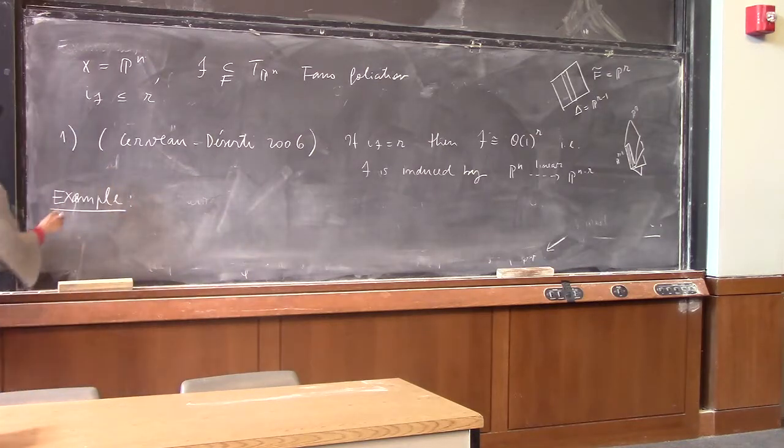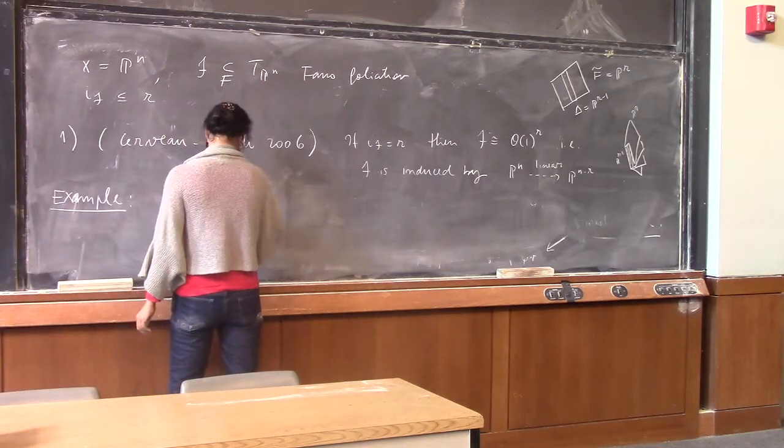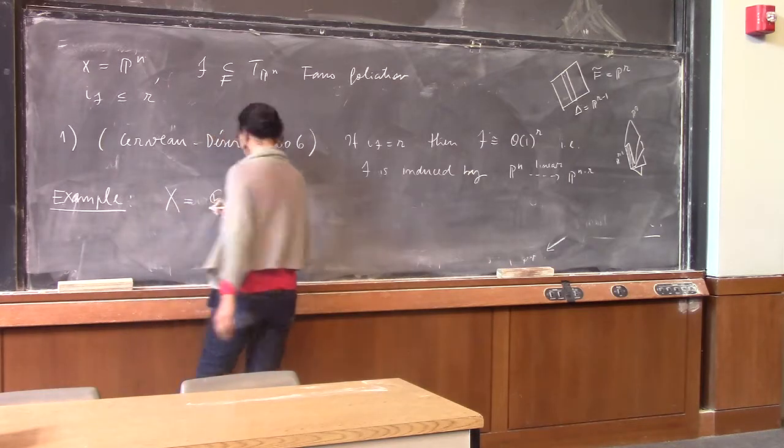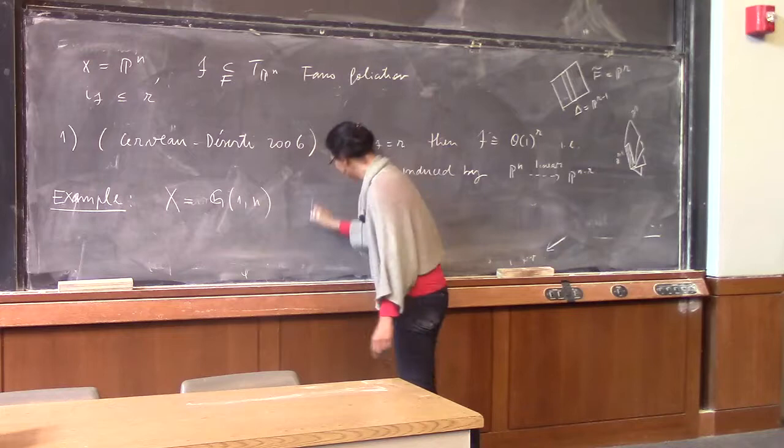I find it a very, very nice foliation. Here X is going to be the Grassmannian of lines in Pn.